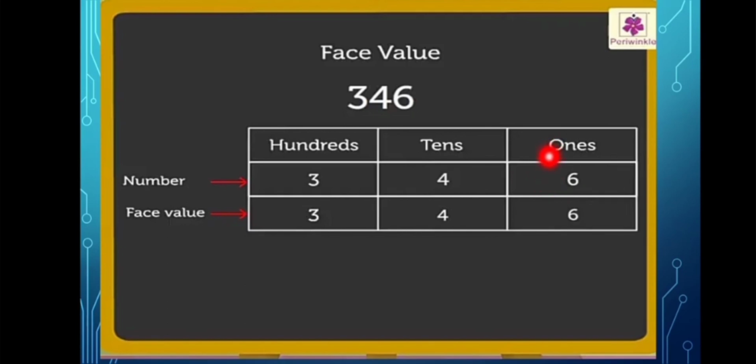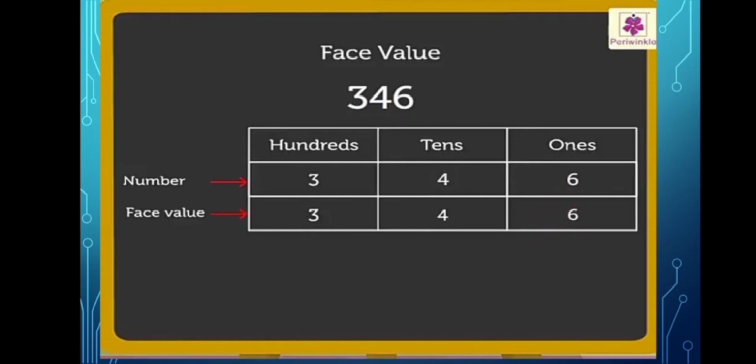Okay students, but the face value of a digit is the same as the digit itself. It does not depend on where it is in the place value chart. So the face value of digit 3 is 3 only. The face value of 4 is 4 only, and similarly the face value of 6 is 6 only.